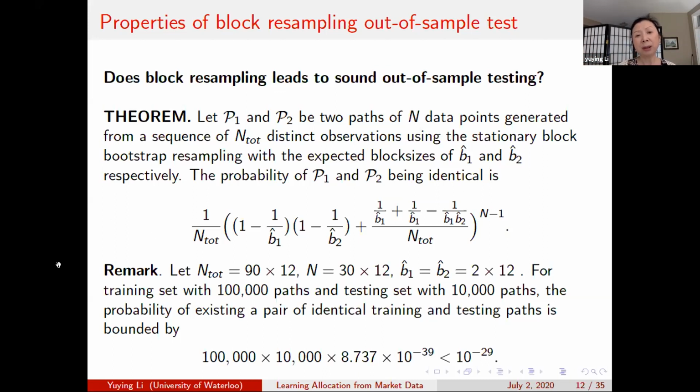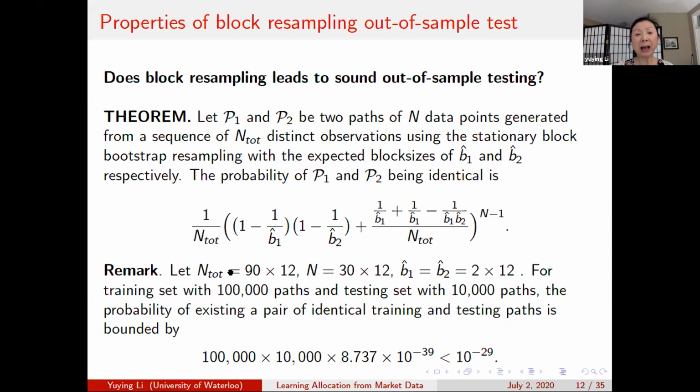This looks very complicated. What is the upshot? Here is a numerical example to give us some assurance supporting my statement that this technique leads to sound training and testing.